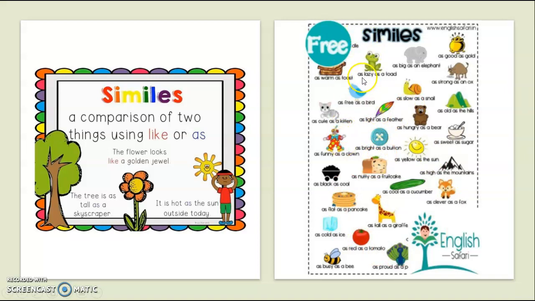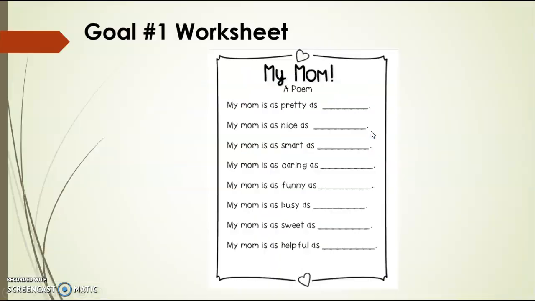So we can use as lazy as a toad, and we can write, my sister is as lazy as a toad. My baby sister is as cute as a kitten. I am as hungry as a bear. These are just examples, Matthew, of things we can use to write simile sentences.